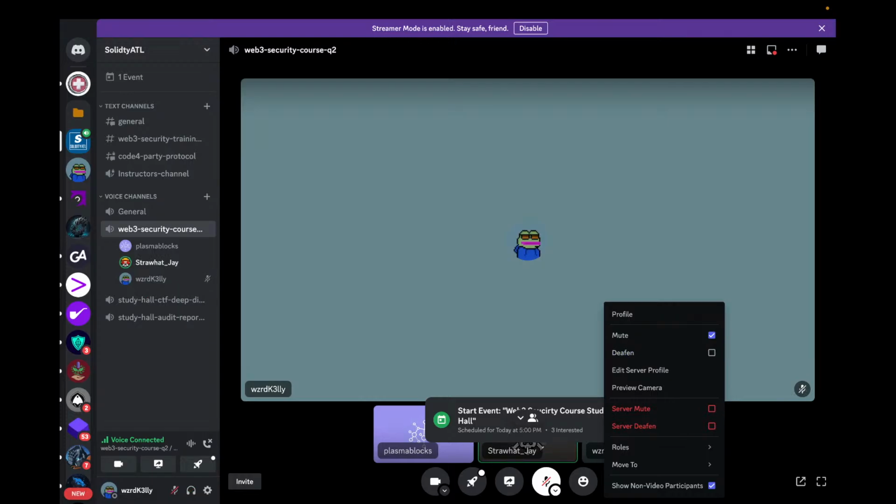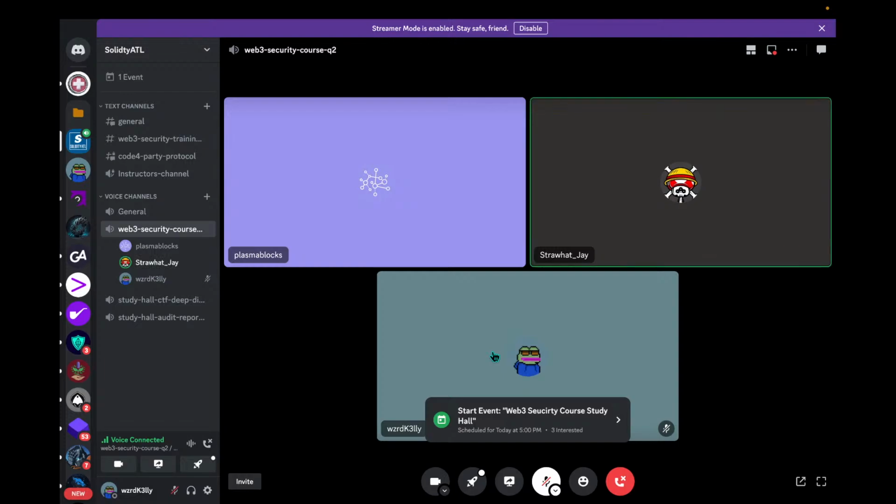Line 24 will return false as sending the ETH failed. So it fails.